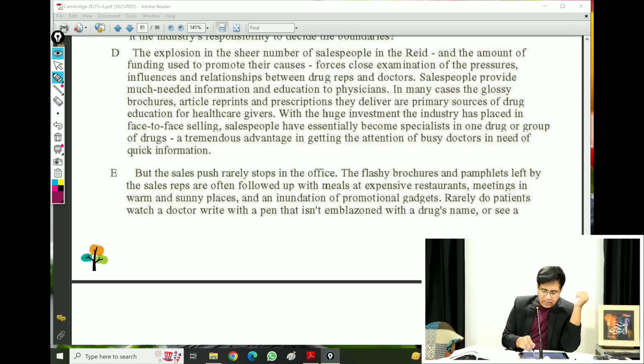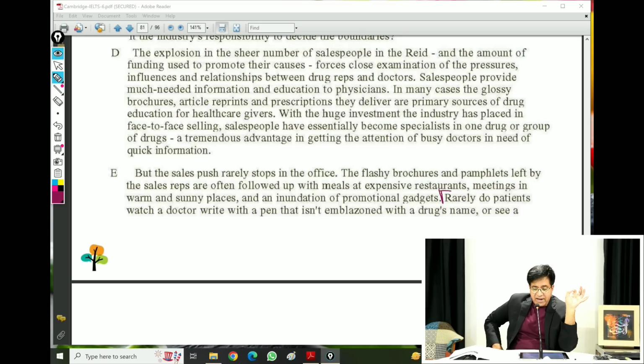Found it? Yes, we read from here. They say, rarely do patients watch a doctor write with a pen that isn't emblazoned with a drug's name. Have you seen doctors? Even their stethoscope, their thermometers, even their laptops, they have the names of pharmaceutical companies.